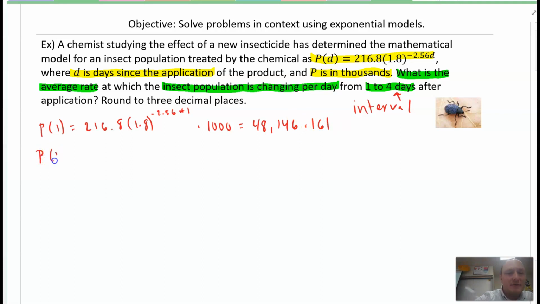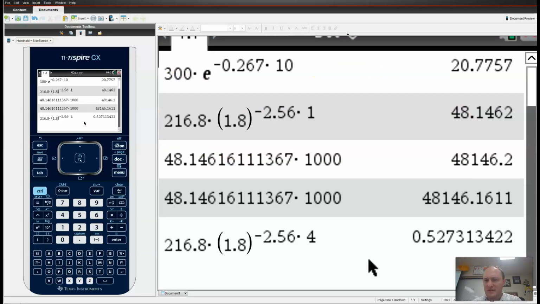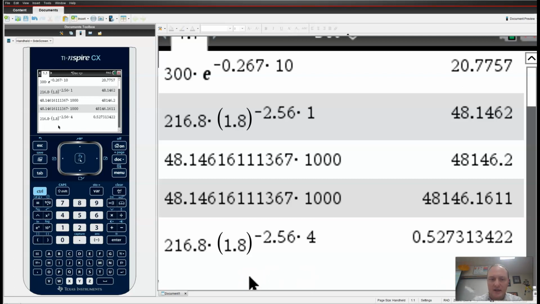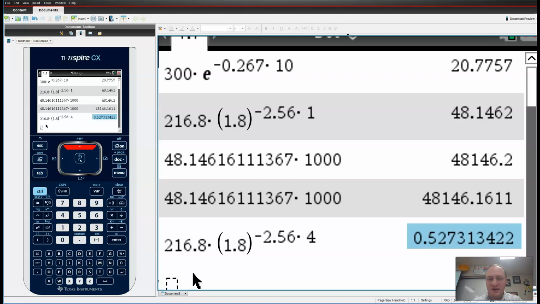Now I want after 4 days. What's the population after 4 days? So we're going to go ahead and do the same thing, but evaluate at 4. Okay, 216.8 times 1.8 to the power of negative 2.56 times 4 times 1,000. Okay, and if you evaluate this, you should get 0.527, but again, we need to calculate what is this times 1,000.